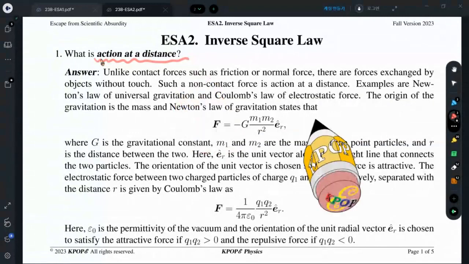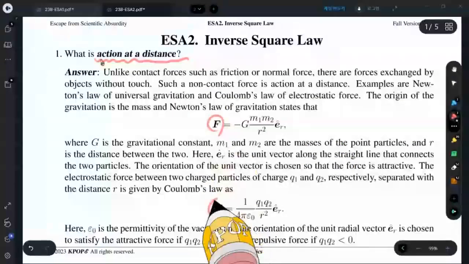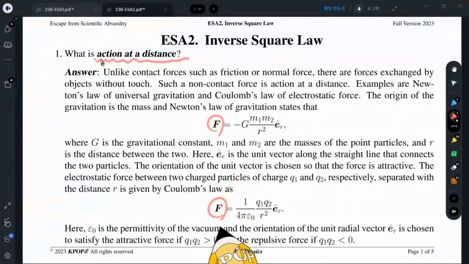So these two fundamental forces are absolutely different, but their mathematical nature is absolutely the same. Very strange.